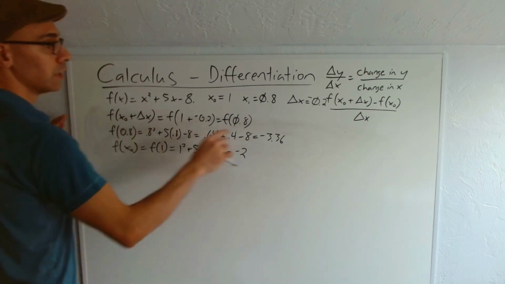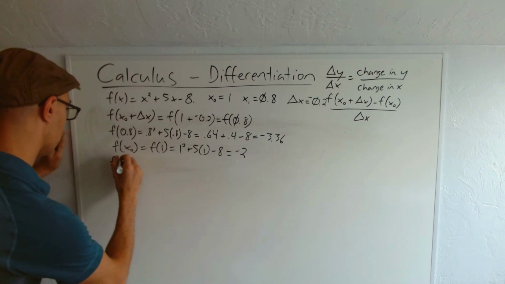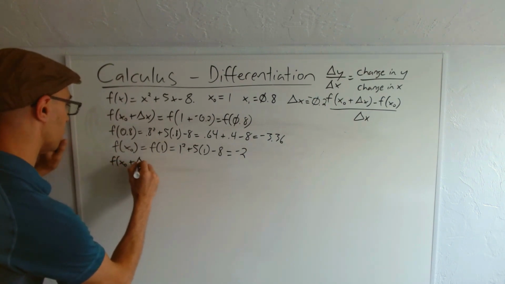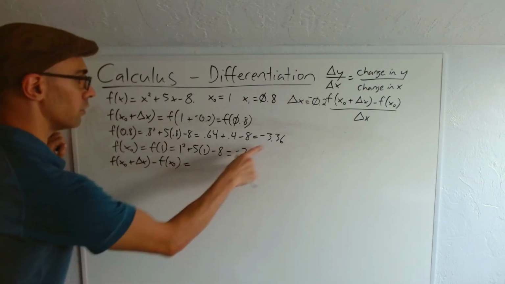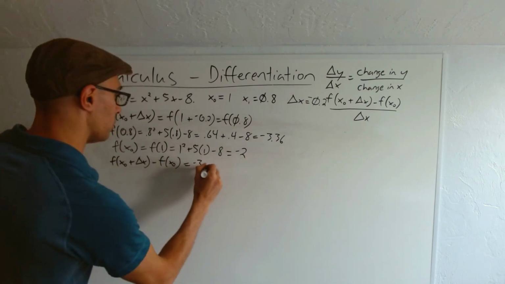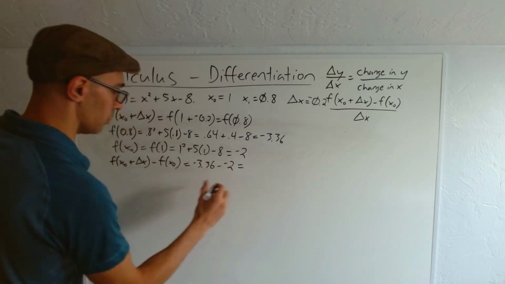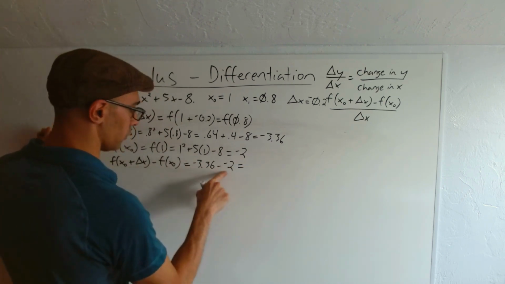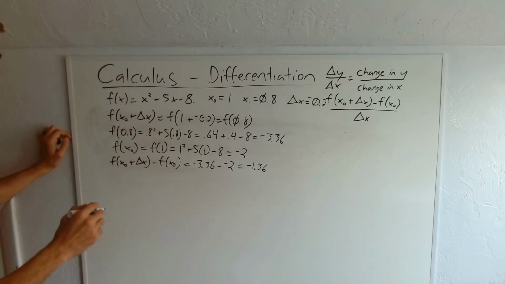All right, now we can figure out what this entire top piece is. So f of x naught plus delta x minus f of x naught is this, which is negative 3.36, minus this, which gives us, because really this is adding a positive, negative 1.36.